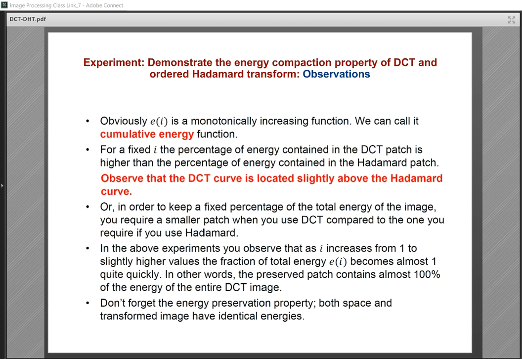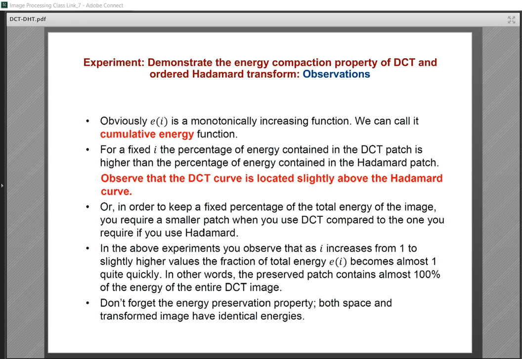For a fixed I, the percentage of energy contained in the DCT patch is higher than the percentage of energy contained in the Hadamard patch. Observe that the DCT curve is located slightly, no very huge difference, slightly above the Hadamard curve. That means both of them are the same, near each other. But computing Hadamard is very fast, or faster than DCT computing.